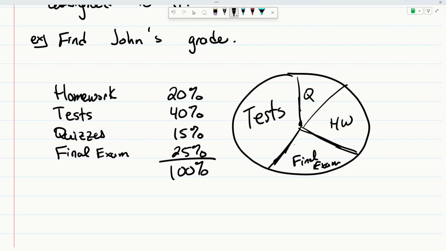And then your quizzes are 15%. So this is what a picture of your grade would look like.